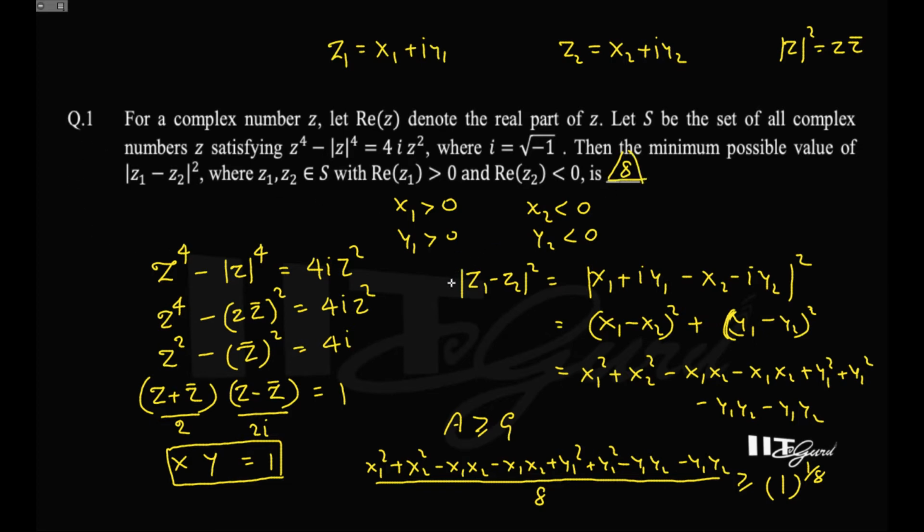Okay, one method you can go ahead with from here also, xy equal to 1, rather than doing this, if you are not getting an idea how to tackle this AM-GM over here. So you can plot this xy equal to 1 under these conditions, x1 positive and x2 positive.